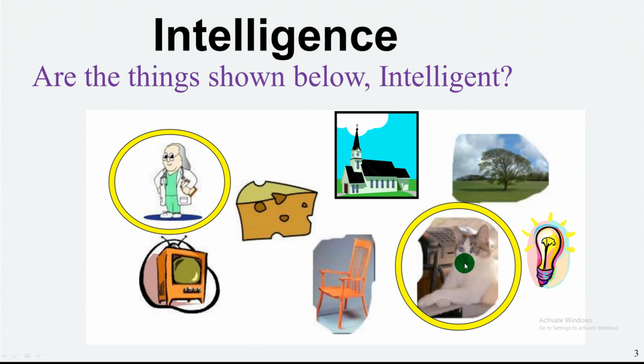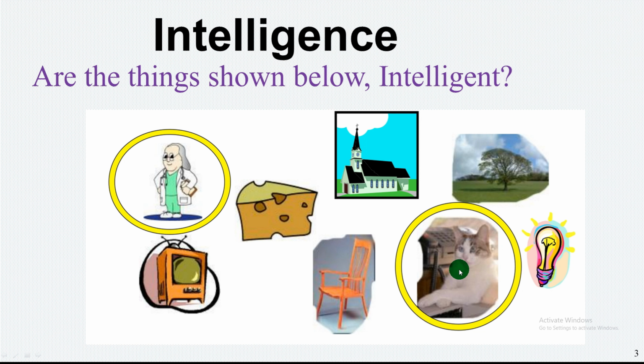We say intelligent because it can learn and it can solve its own problems, but it cannot solve more complicated problems. For instance, if you have a project, the cat cannot solve that project, right? So it is confusing to categorize it as intelligent or not intelligent.